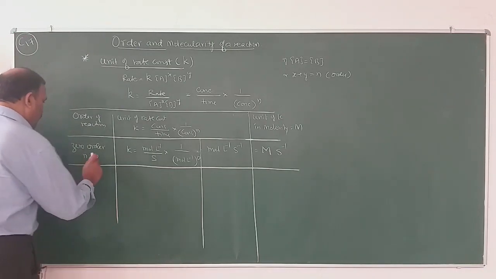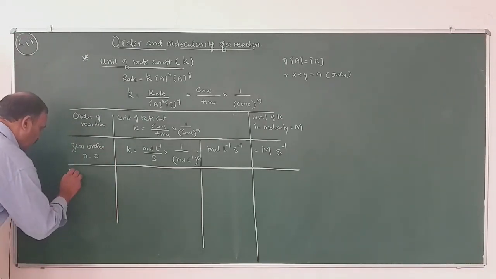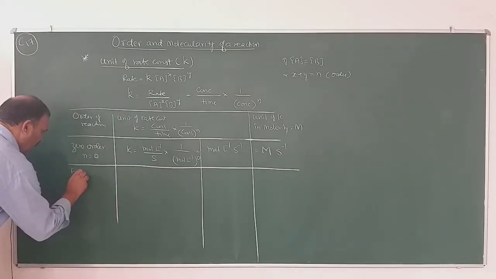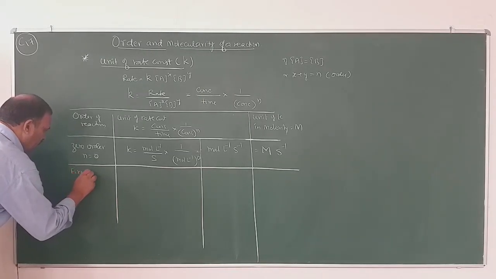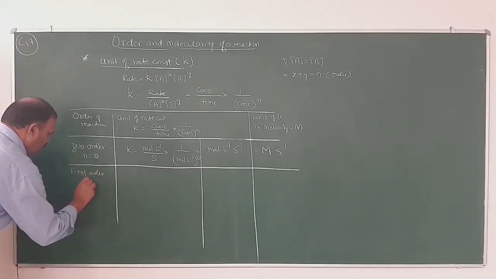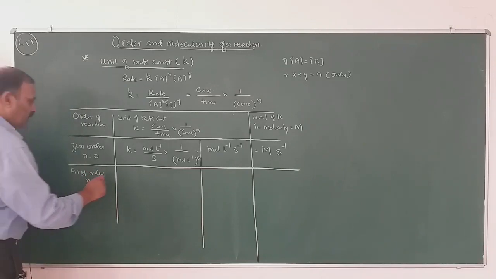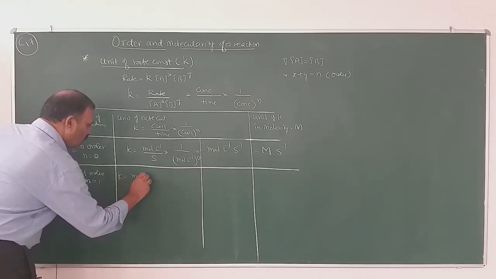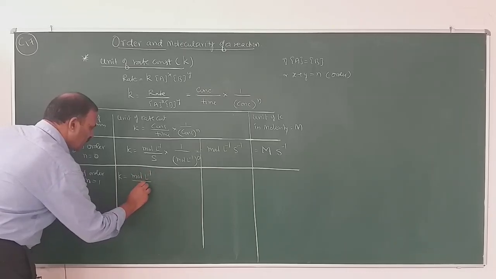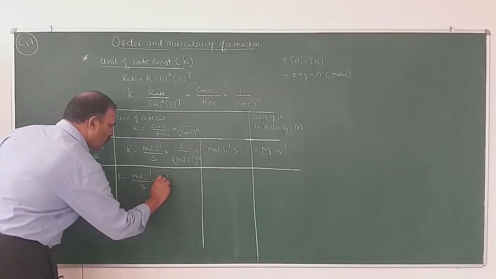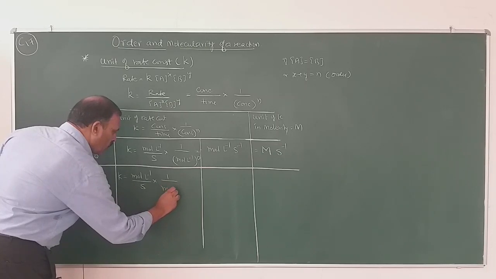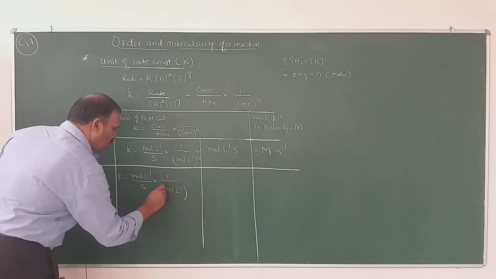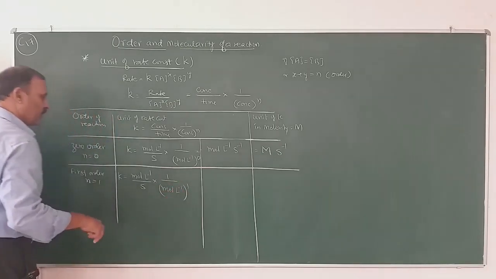So if the order is 0, then first order: n is equal to 1. What is K now? Mole liter minus 1 per second into 1 over mole liter minus 1 to the power of 1.